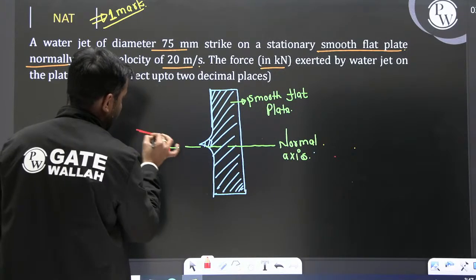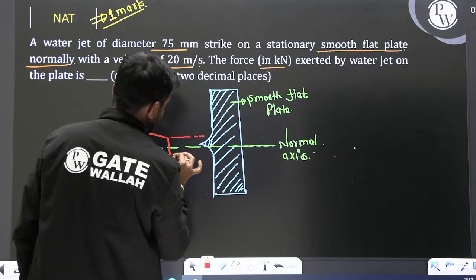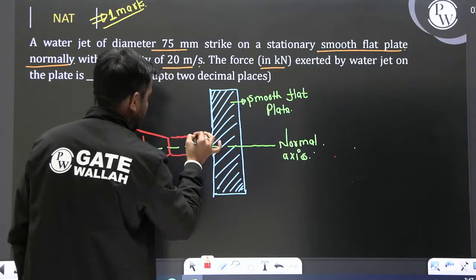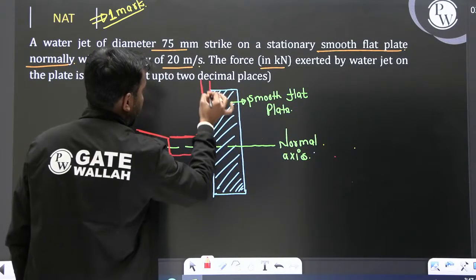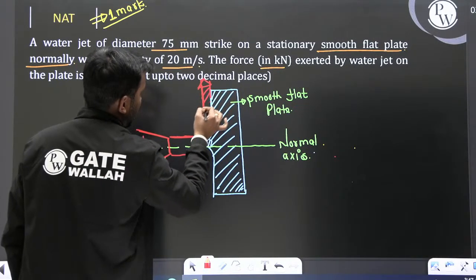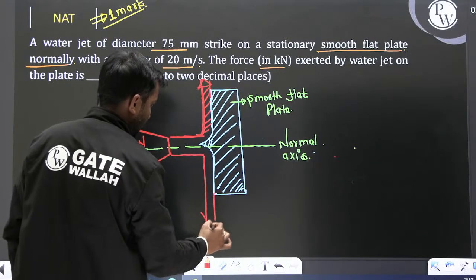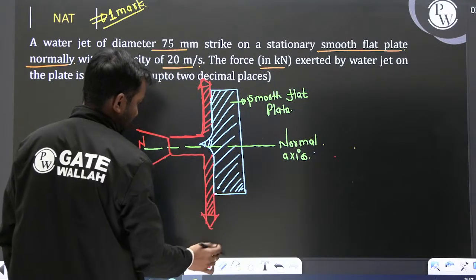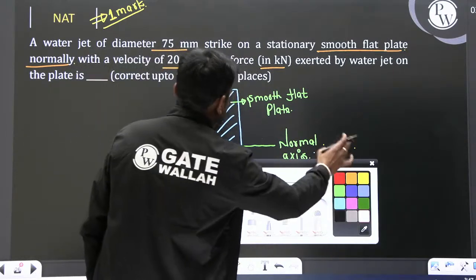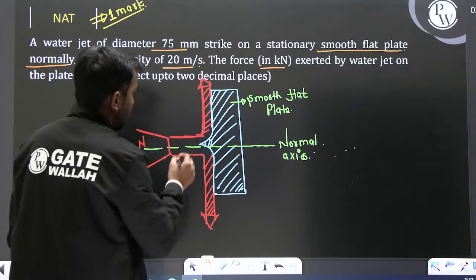So take this as a nozzle, and the water jet is coming and gets split into different parts.